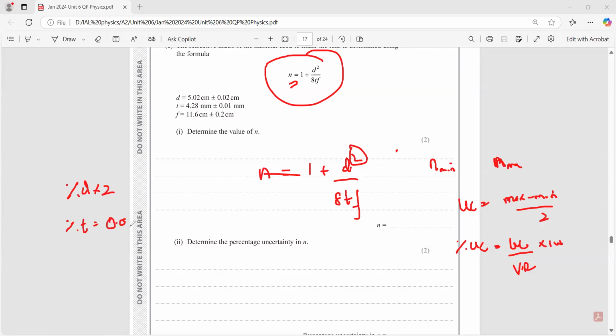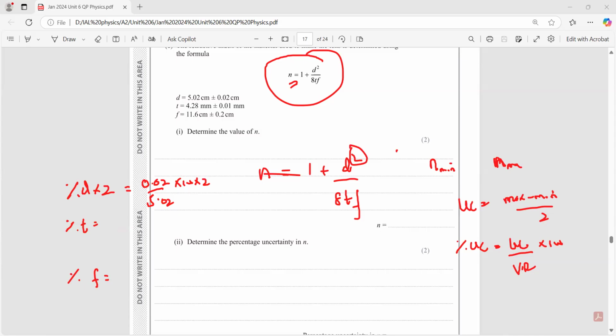So it will be 0.01 divided by, like this will be the percentage uncertainty in t, and then we'll have the percentage uncertainty in f. So this will be 0.02 divided by 5.02 into 100 and then multiplied by 2. Why is it multiplied by 2? Because the power 2 is there.